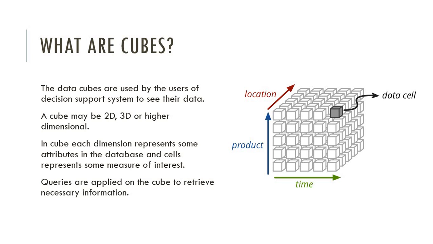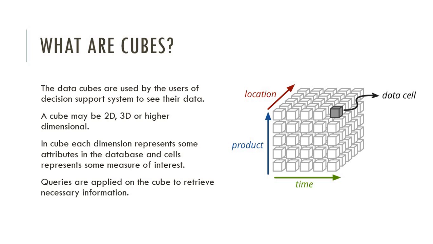So what are the data cubes? So it's shown in the figure. As shown in the figure, we can say that the data cubes are the three-dimensional cube of data. A data cube may be 3D, 2D or higher dimensional.